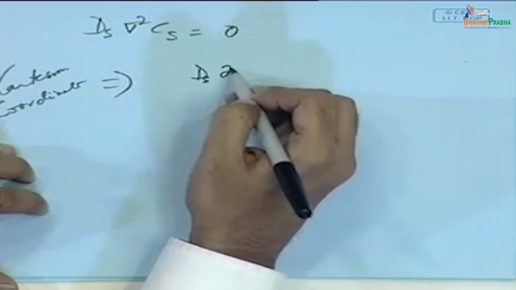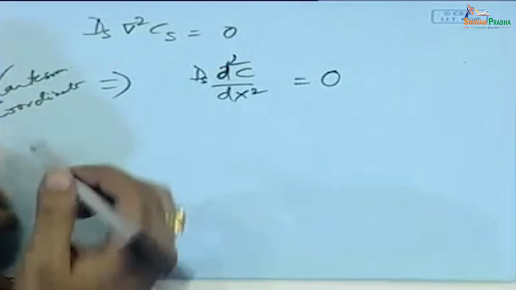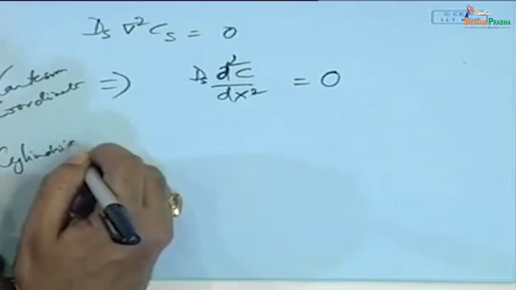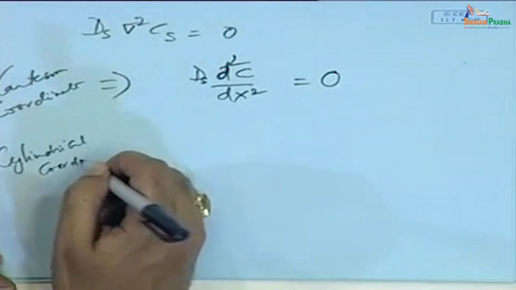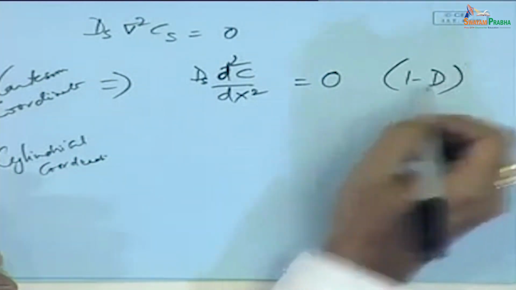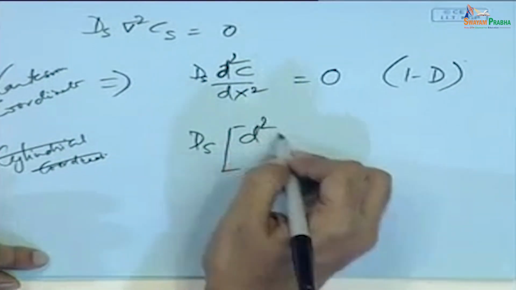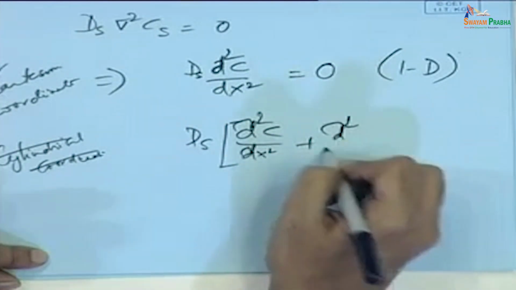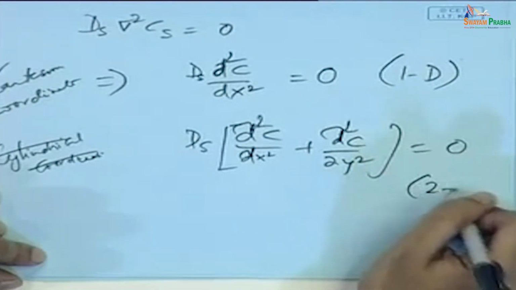So, D_s into, in the cylindrical coordinate, and if I am to do a 2D, this is 1D, and a 2D would be D_s into.